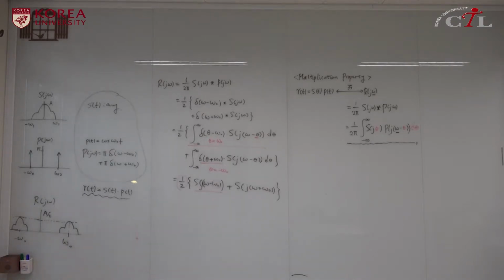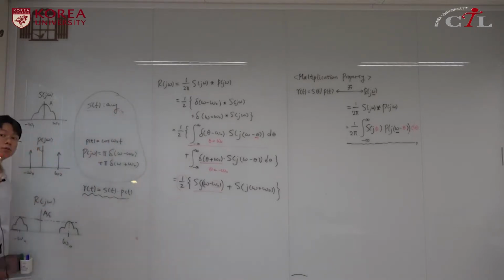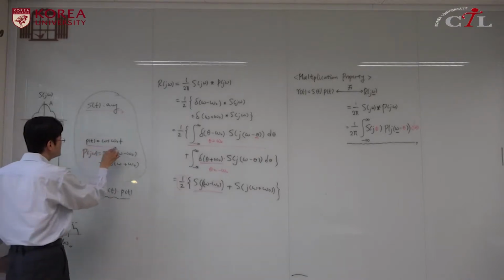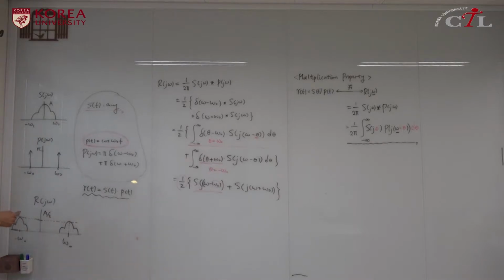So what we see here is that, given any arbitrary signal, for example my voice or whatever, if I multiply it by a sinusoidal function, the original form is conserved. Just the amplitude is different and the frequency is a little bit different, but the original information is conserved in this multiplied signal.